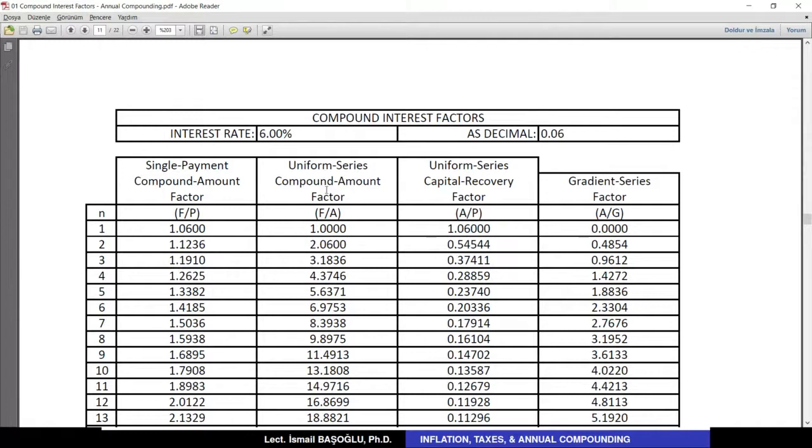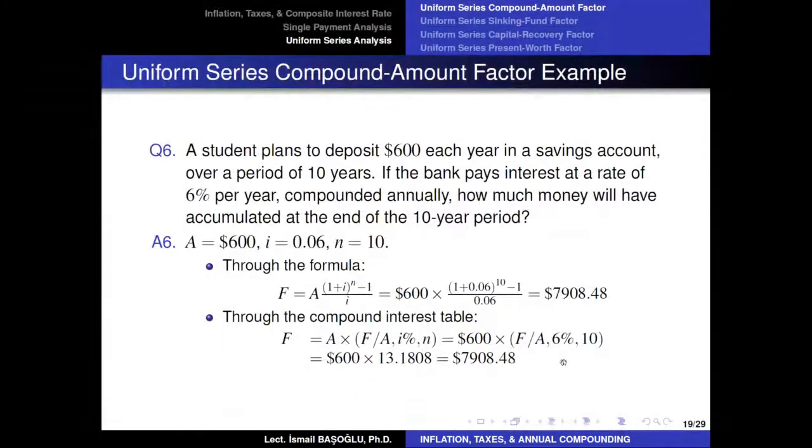And the uniform series compound amount factor F over A for 10 investment years is 13.1808. So I'm just going to replace this extended notation with the value that I have found from the table, and that is going to make $7,908.48 for the solution of this problem.